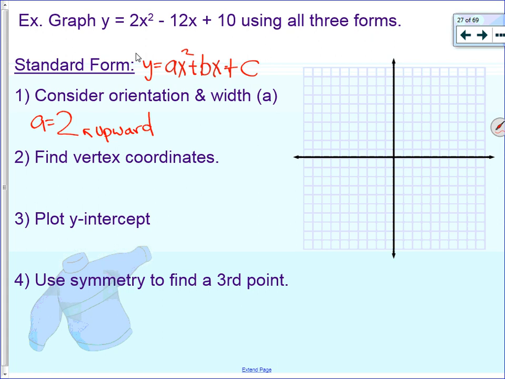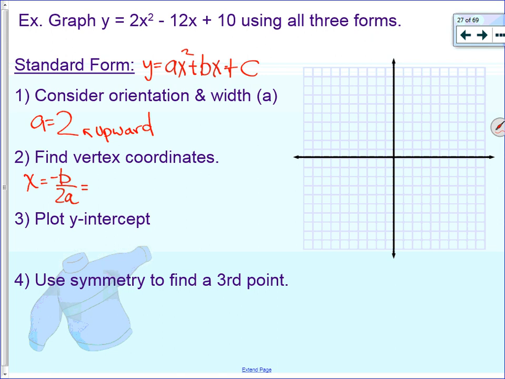So the x value of our vertex is 3. Now the vertex is a point, so we do need to know the coordinates. So if I know the x value, how do I find the corresponding y value of the coordinate? Ashley? Yeah, you have to plug it into the equation.